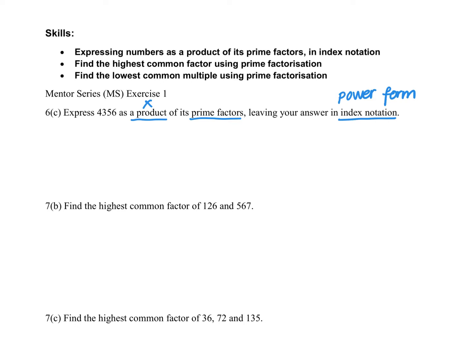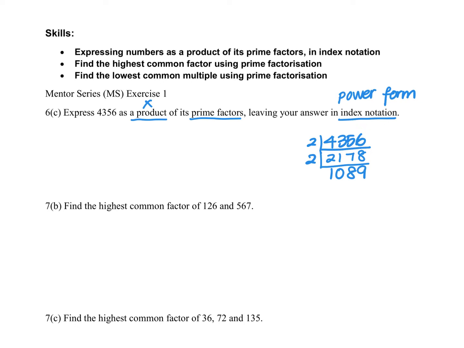So how do we go about doing prime factorization for such a number? We need our calculators to stand by. We have 4356. We're going to start dividing by the smallest prime number. So 4356 can be divided by 2, and I'll get the number 2178. You notice that it's still divisible by the factor 2, the smallest prime factor. Then now we shall move on to the next prime factor.